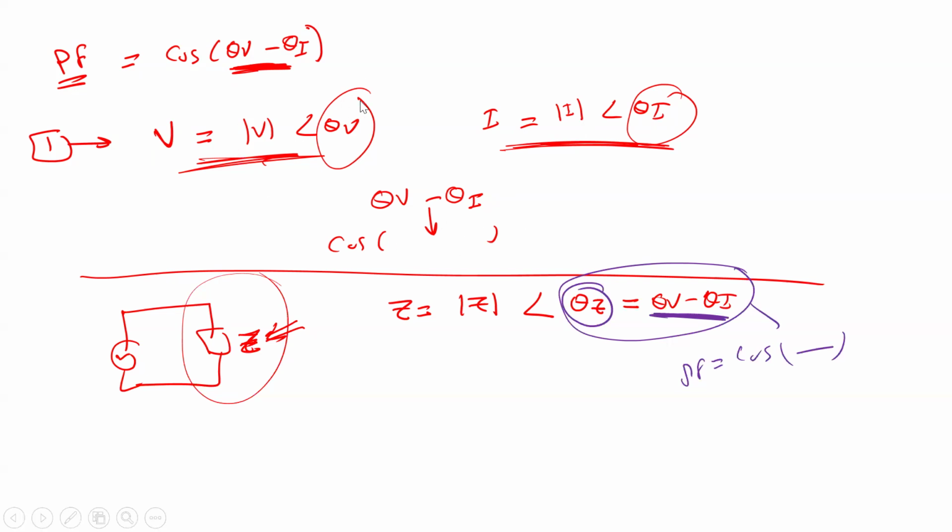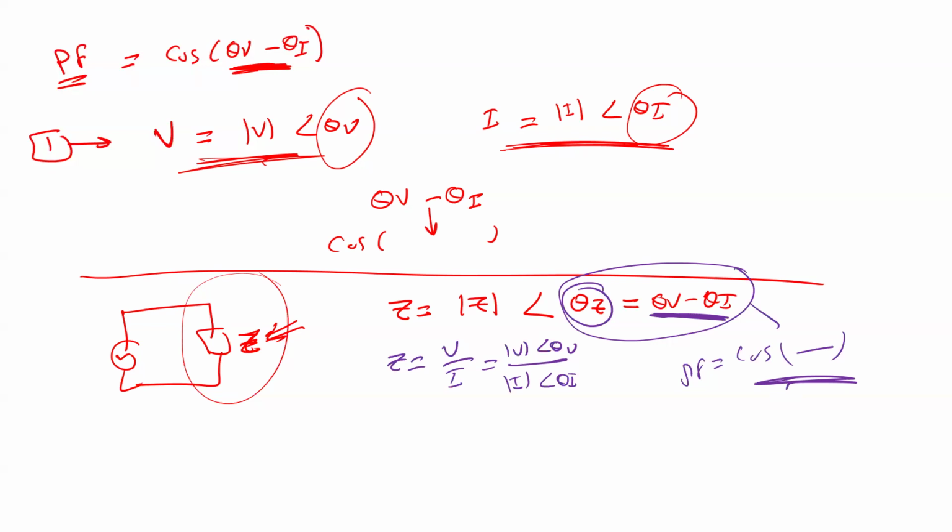If I don't have V and I, but I have Z, I can calculate the power factor from the angle of Z, because the angle should be theta V minus theta I. Why? Because Z should be V divided by I, where V has angle theta V and I has angle theta I, so the angle will be theta V minus theta I. So if I have Z, I can easily calculate the power factor.